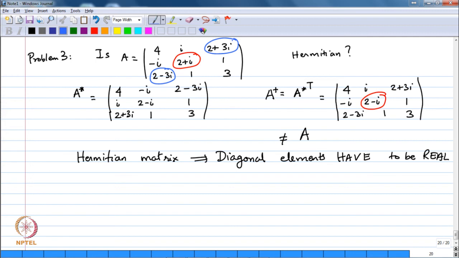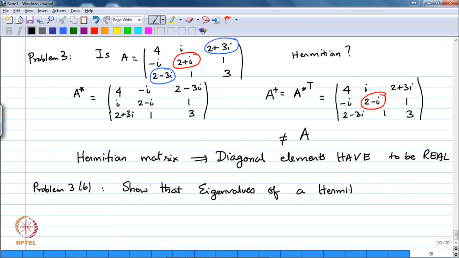Okay. Now, next part of this problem. Problem 3b. Show that eigenvalues of a Hermitian matrix are real. Okay.